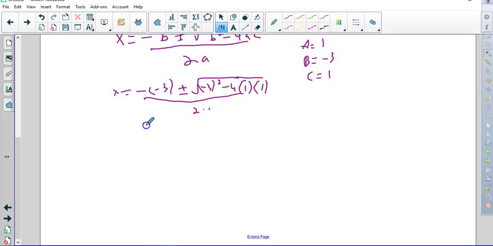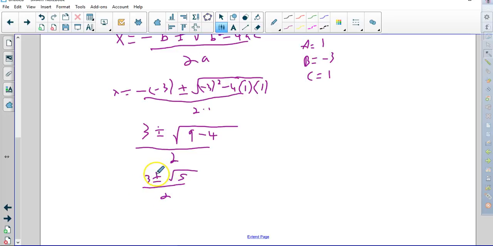Okay, so the opposite of -3 is +3, plus or minus square root, 3 squared is 9, minus 4 times 1 times 1, again, all over 2. That's 3 plus or minus the square root of 9 minus 4, which is 5, over 2. And you just take your calculator and you can find out the square root of 5 quite simply and use an estimate.